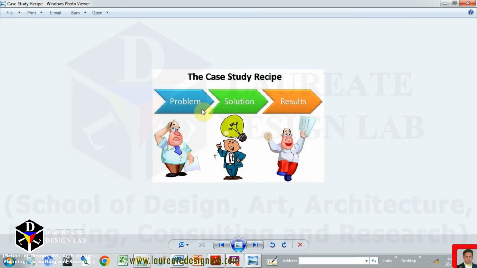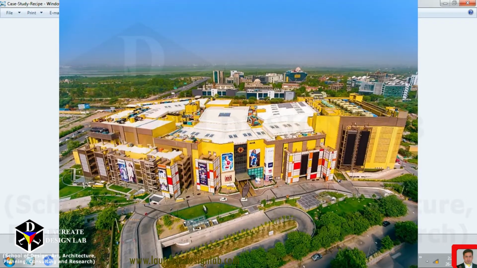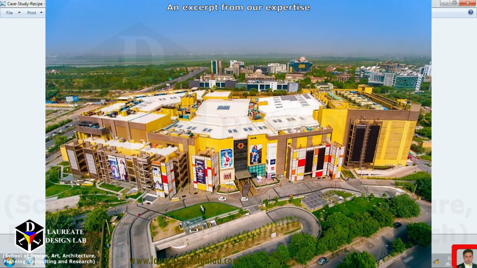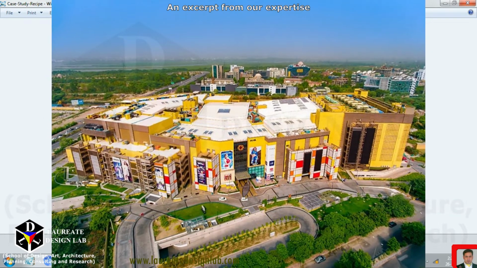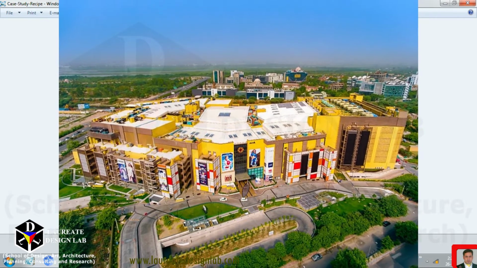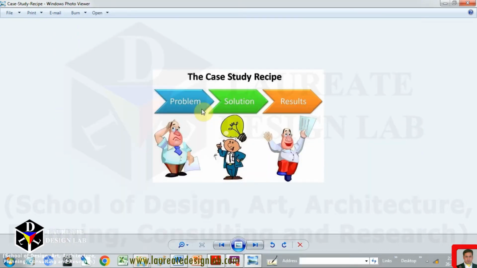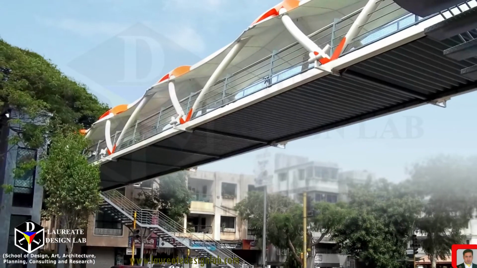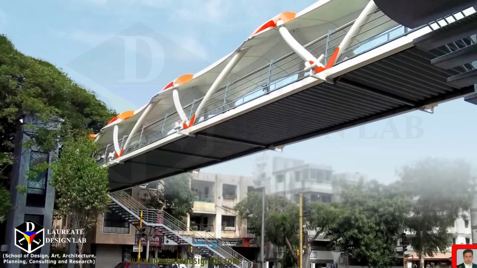Even we can talk about local demographics. Reaching that particular mall is very difficult because you have to take so many U-turns to reach there. Rather it should be very straight. So you can suggest the solution that rather than having that U-loop to reach the mall, you can have a straight overbridge or something like that.